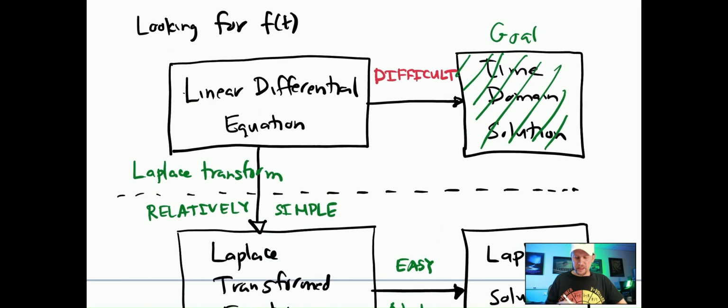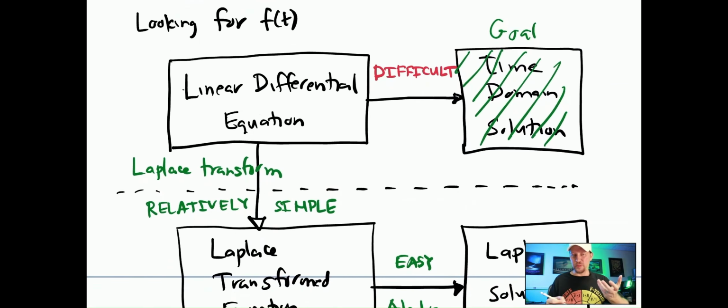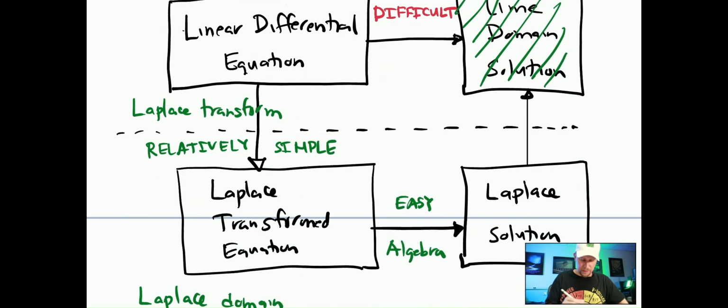Now, again, the goal is to get the time domain solution. So the last step in getting to our goal is, once we have our Laplace domain solution, we can perform what we call an inverse Laplace transform, which is relatively simple.